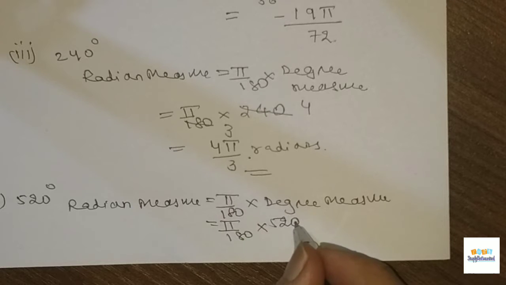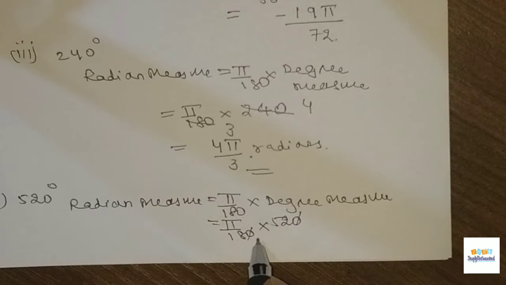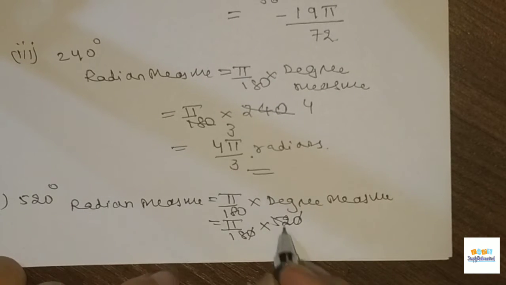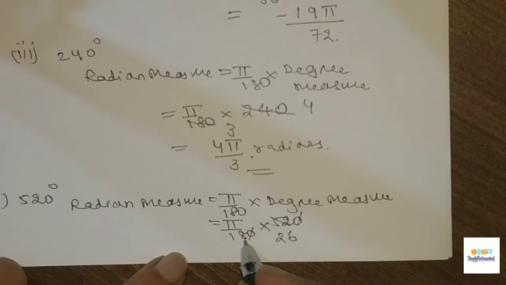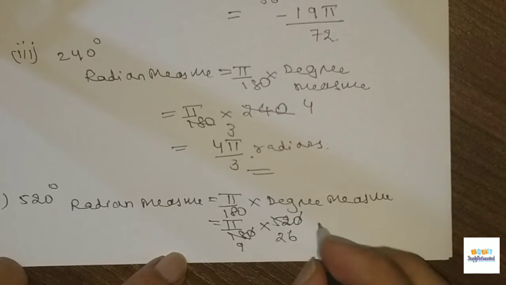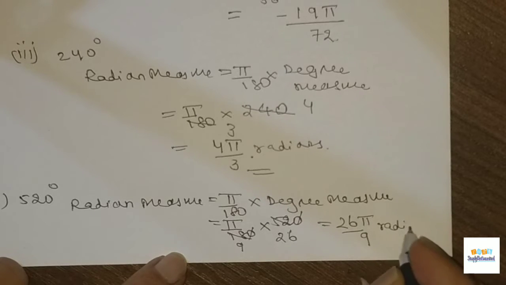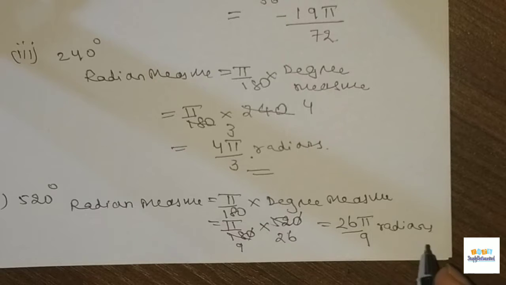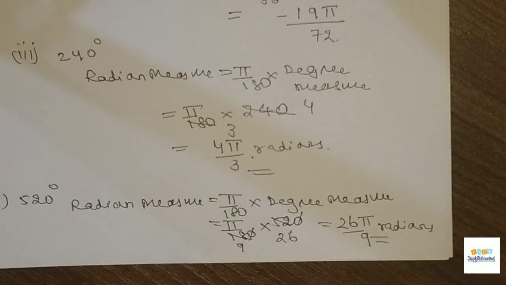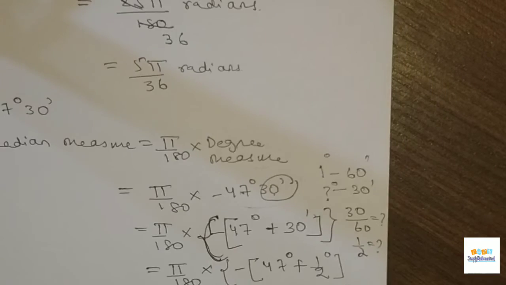Okay, so 0 and 0 will get cancelled, and you can cancel this by 2, let us say first. So 2 26s are 52 and 2 9s are 18. So you will get 26 pi by 9 radians. Okay, so that was the fourth problem. Now let us go to the second problem.